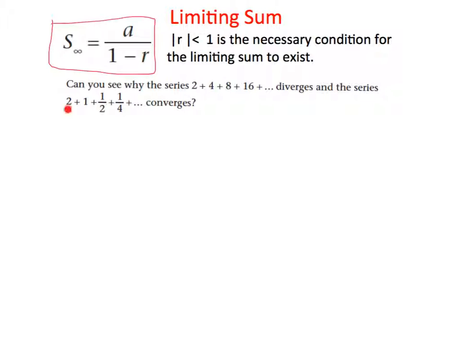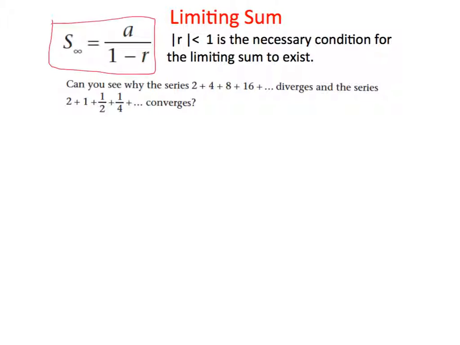Whereas this series here, the first term a is 2, but the common ratio now is half. So the next terms are an eighth and a 16th and 1 on 32, etc. So each term is getting smaller and smaller and approaching 0. So you can see that this series converges, and then the sum is going to approach a limit.